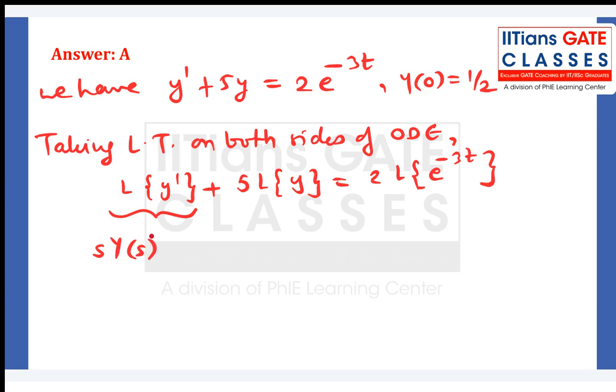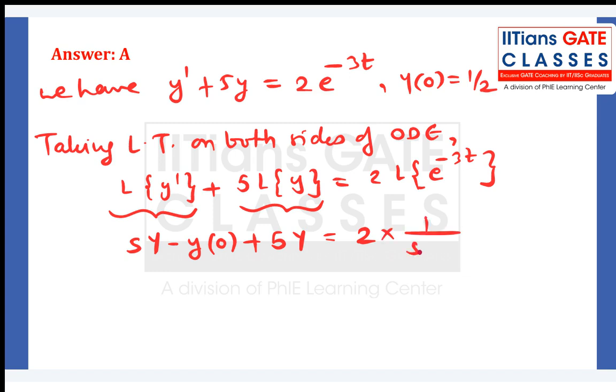Just for the sake of simplicity, I'll write it as capital Y, because otherwise everywhere I have to write Y of s. And this will be 5 into capital Y, equal to 2 as it is. Laplace transform of e to the power minus 3t is nothing but 1 by s minus 3.